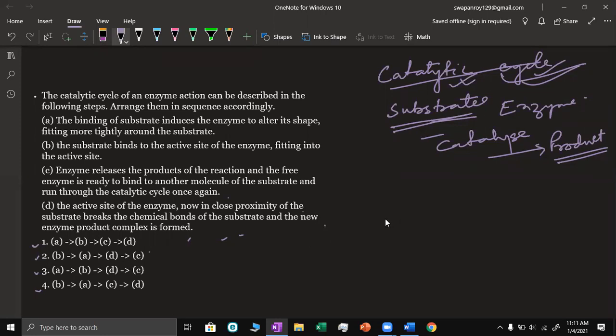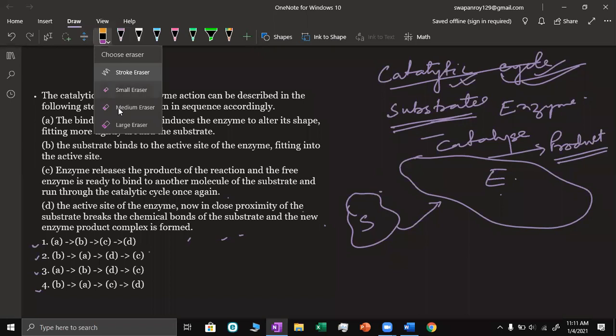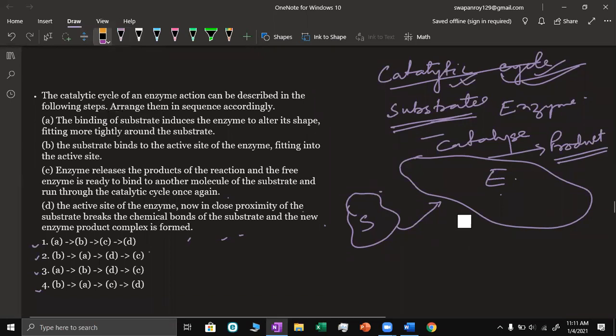This is number two. Actually, say if I draw that this one is the substrate and there is one portion that is the enzyme, then this substrate comes close to the enzyme, and the enzyme always has some special places, and this is very specific.